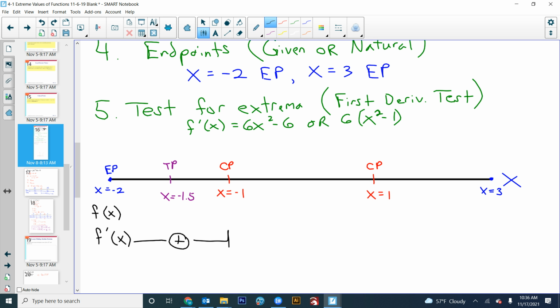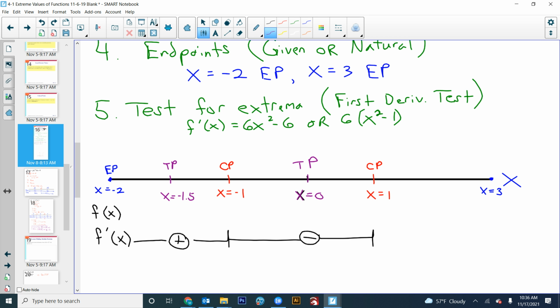Let's go to the next interval. My test points are going to be purple for this problem. So x equals, what's a good test point between negative 1 and 1? 0. X equals 0. It's a test point. In the first derivative, 0 squared minus 1, negative 1 times 6. Negative. Negative first derivative between negative 1 and 1.